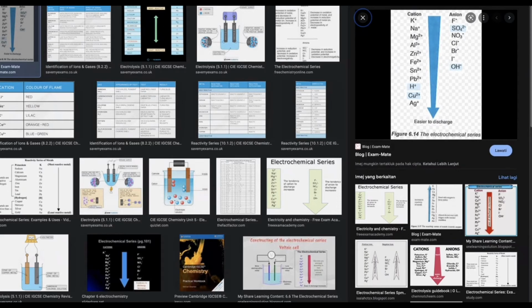From here, it seems like the OH minus from water stays at the bottom, so we are always going to choose the OH minus to form product. But that is not the only situation. There are exceptions to this. Let's come back to the notes again.